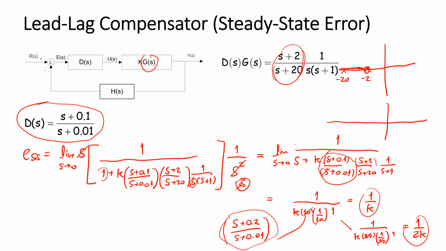But for the lag network, the pole is very close to the origin, a very small value, and the zero to the left-hand side is still a small value.